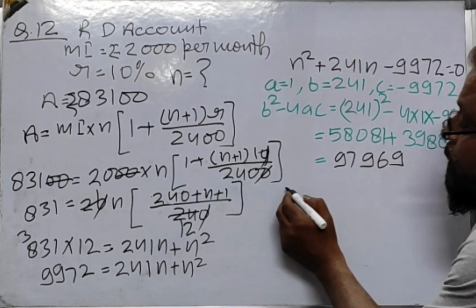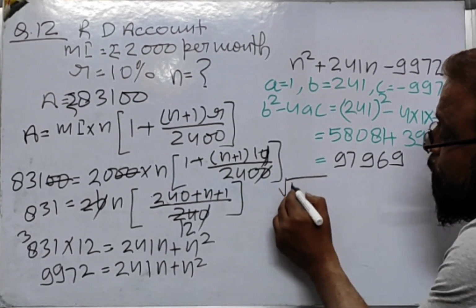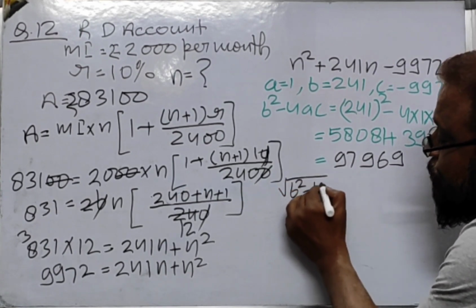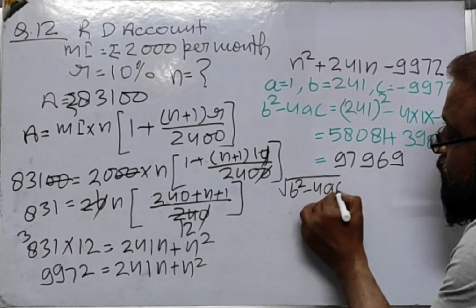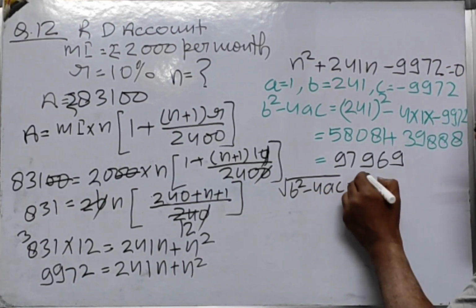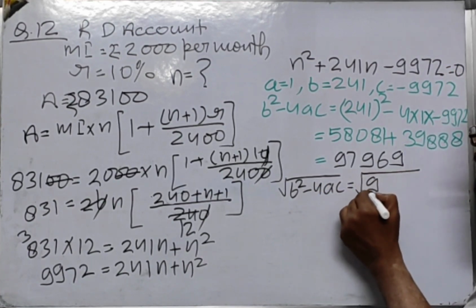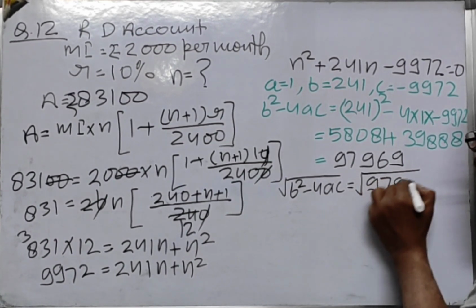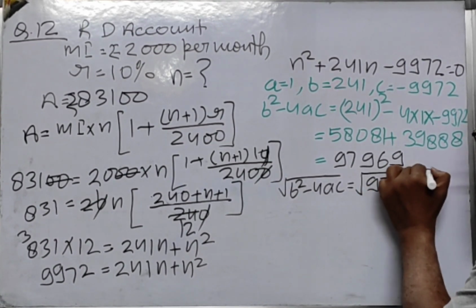Right? Now, square root of b square minus 4ac is equal to square root of 97,969.